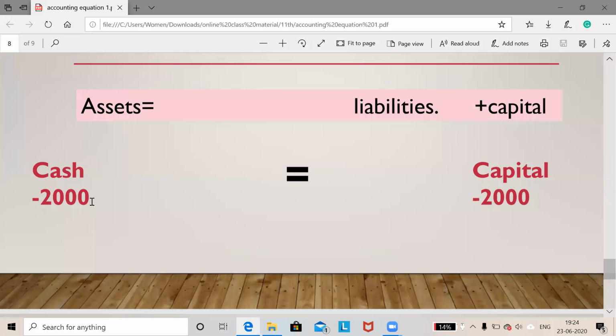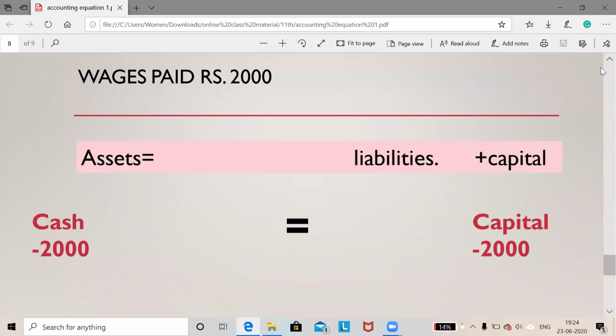Cash less 2,000, then capital less 2,000. Why do we reduce the cash? Wages is an expense. You have to pay, we can't neglect this. So cash minus 2000, and at the same time capital also minus 2000.